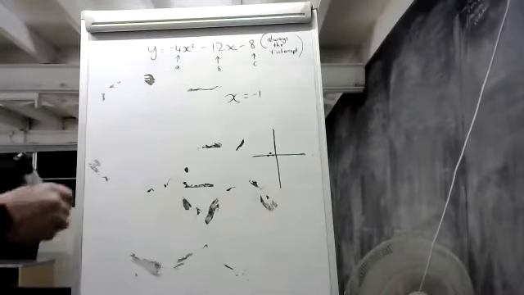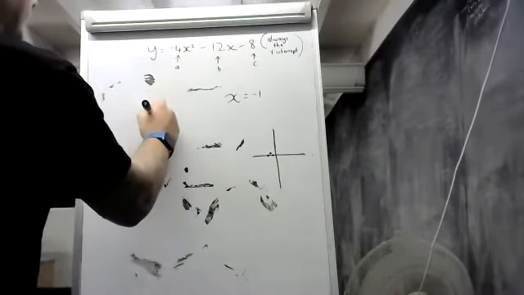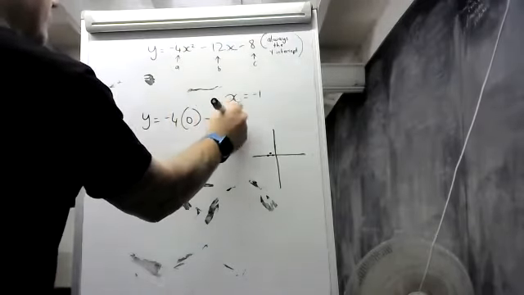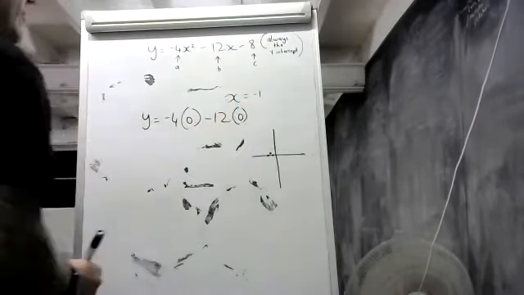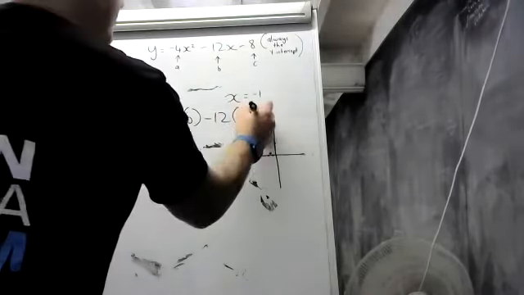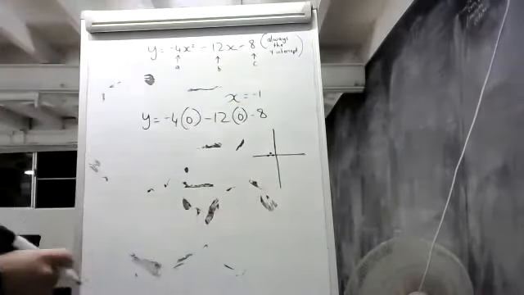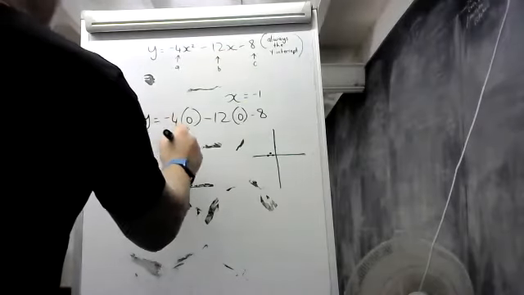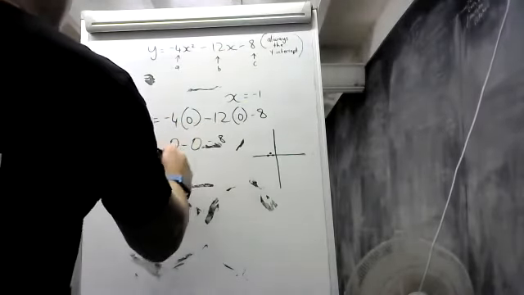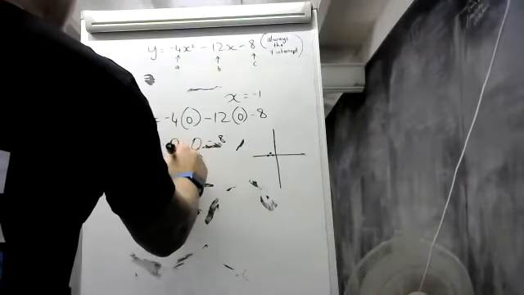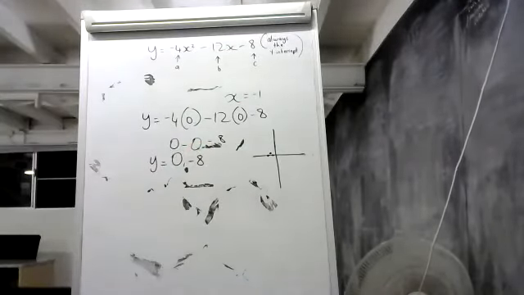So you would do y equals -4. Because if it's on the y-axis, x has to be 0. So you would then just have 0 minus 0 minus 8. Y equals -8.